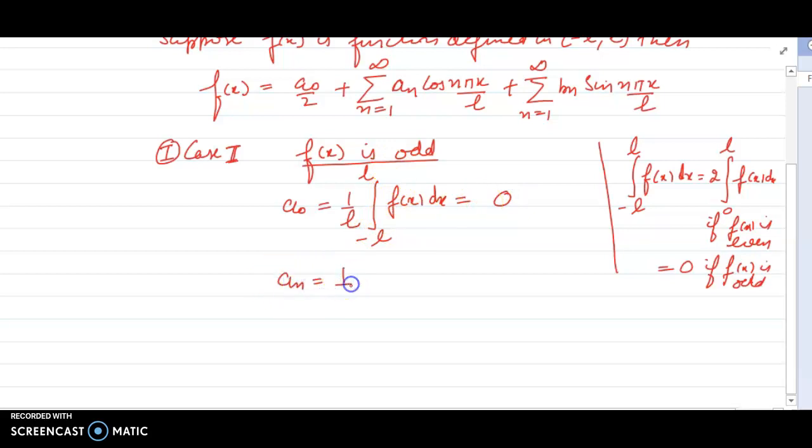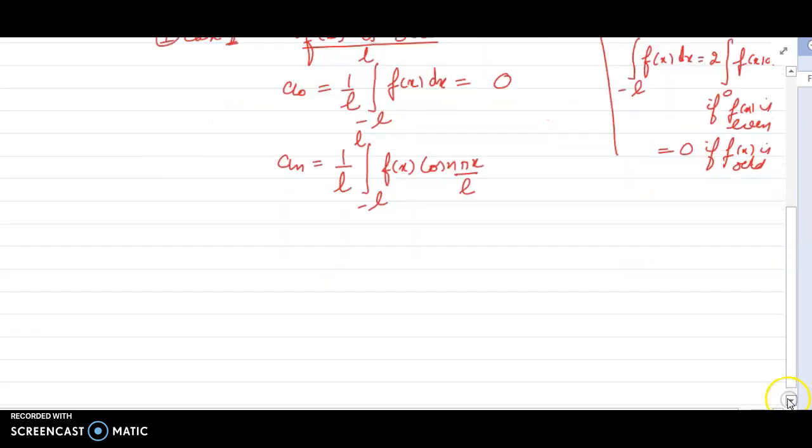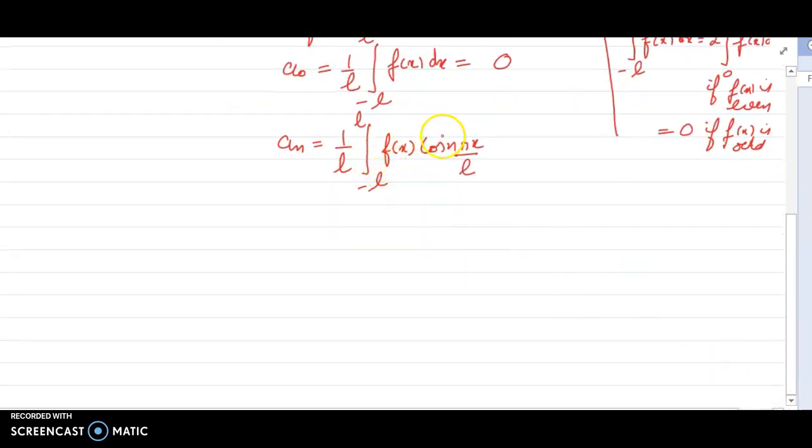We know an is 1 by L integral from minus L to L f x cos of n pi x by L. f x is given to be odd. What about cos x? If you remember, cos theta is an even function, sin theta is an odd function. f x is odd, cos x is even, product of odd and even is odd.